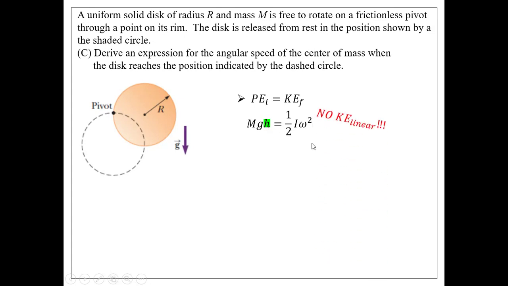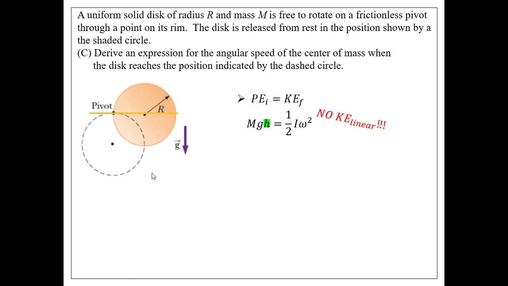If you look at my schematic, here I went ahead and put the center of mass there because the center of mass is up here in this diagram. And as it falls, watch my cursor, it traces out this nice arc to where it's going to be right there. So anytime you're given a shape, you have to reference the center of mass because you treat the shape as a whole.